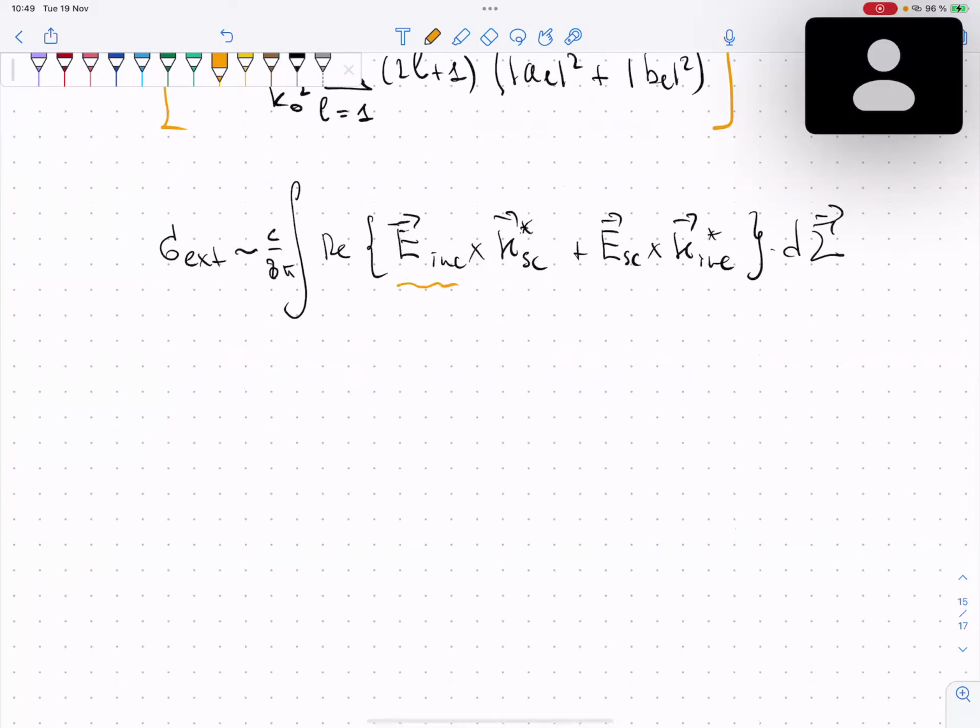Here what we do, we express this in vector spherical harmonics. We put here the vector spherical harmonics expansion of a plane wave, which we used for the quote-unquote derivation of the Mie coefficients.